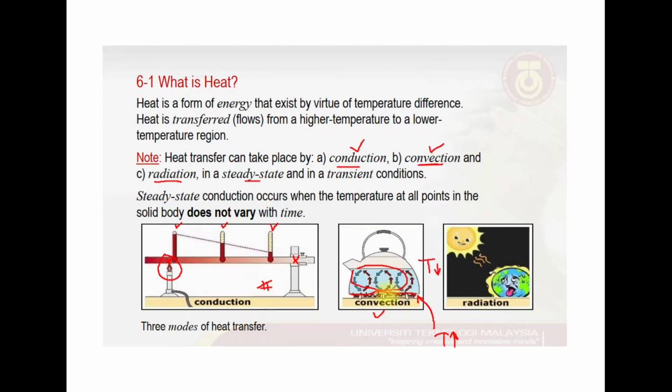start to develop at the bottom of the kettle, and later lift up from the bottom surface of the kettle and rise to the water level.